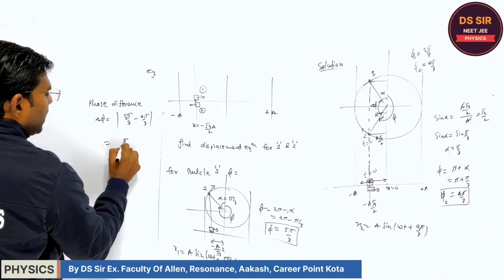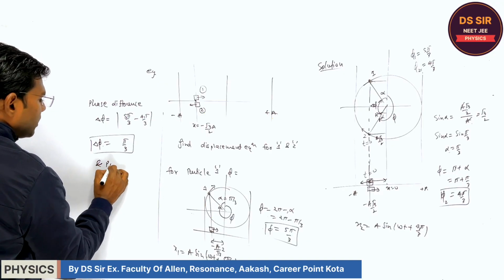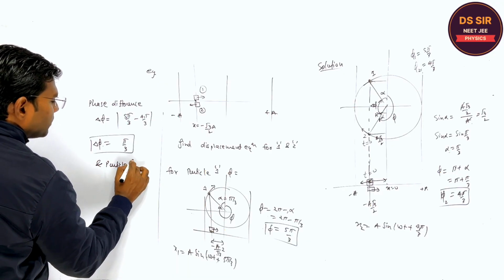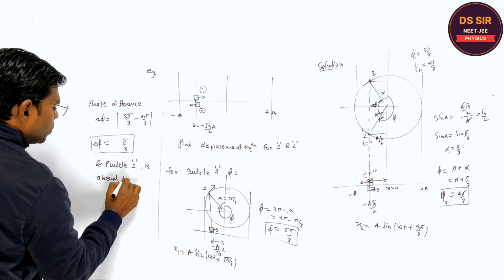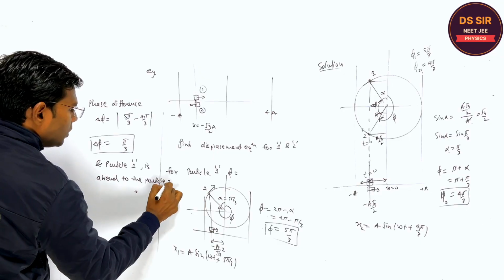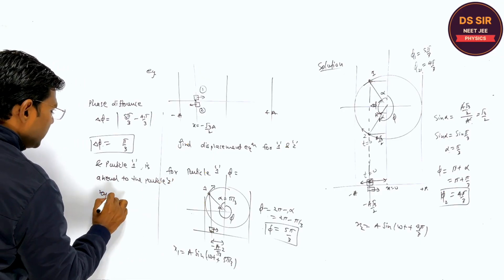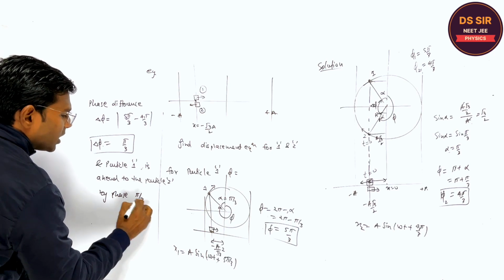So the phase difference between them is pi by 3, and particle 1 is ahead of particle 2 by a phase of pi by 3. Is it clear or not?